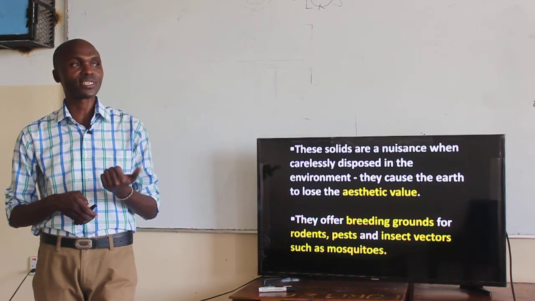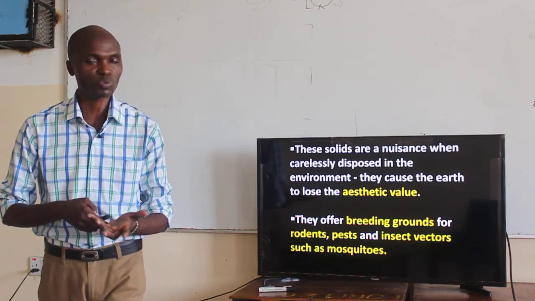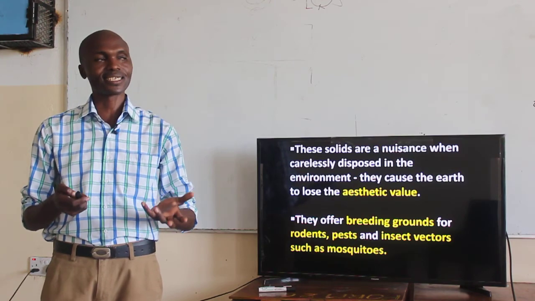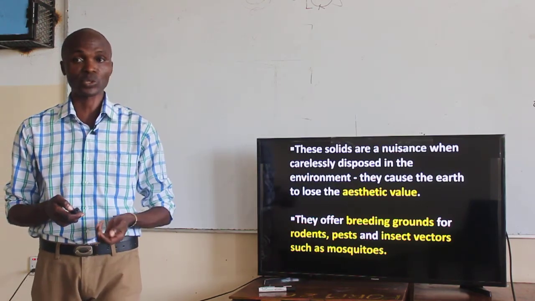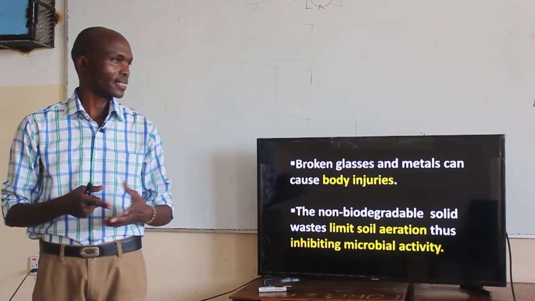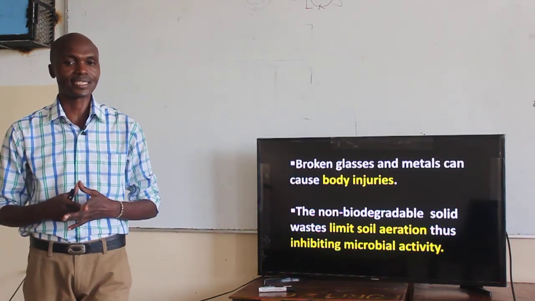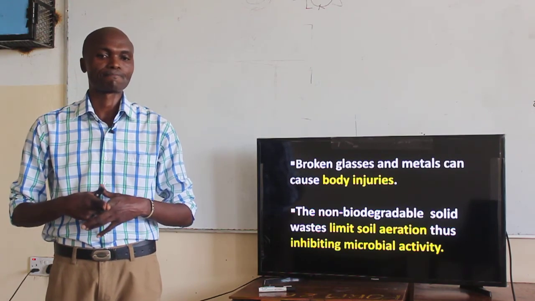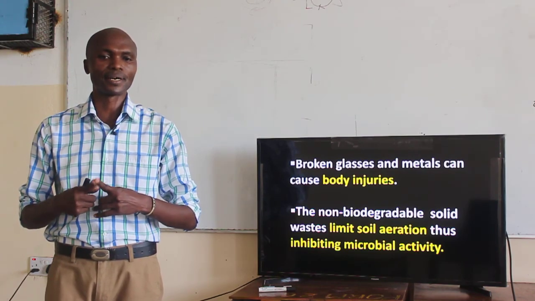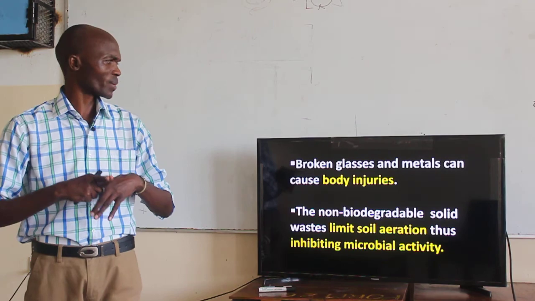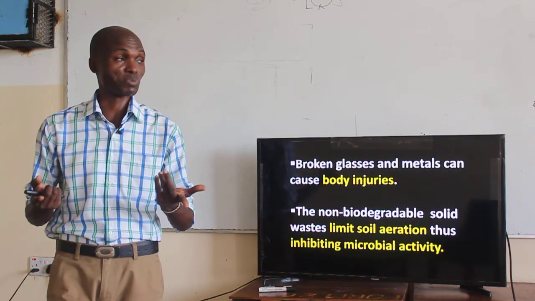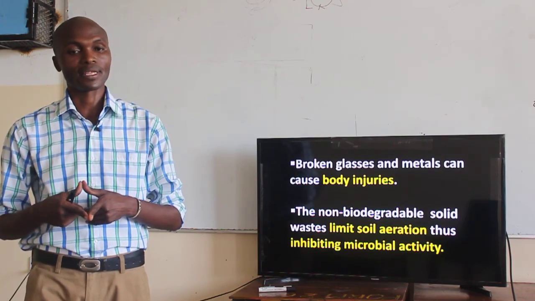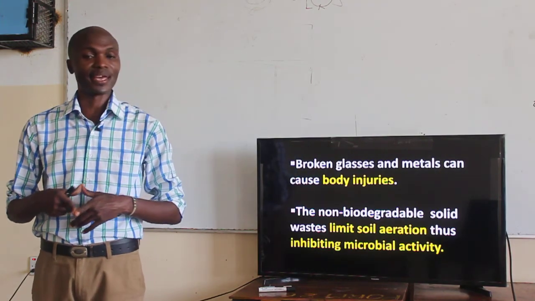So these solid wastes, if improperly disposed of, will provide breeding areas for pests and mosquitoes that will transmit a lot of diseases within the community. The other one is broken glass and also some metal pieces, which can cause body injuries. Okay, that's another problem.